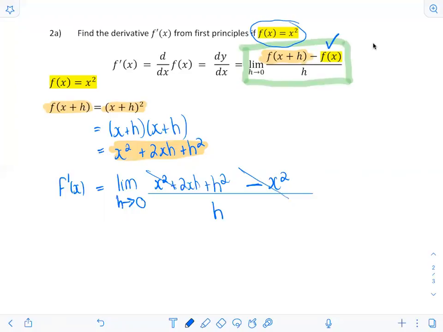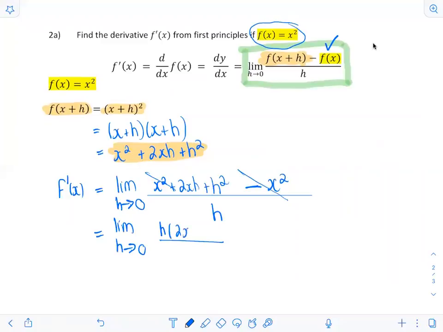Can I substitute h with 0? No, because it will give a denominator of 0. The plan I make then is to factorize. H is a common factor in the numerator.